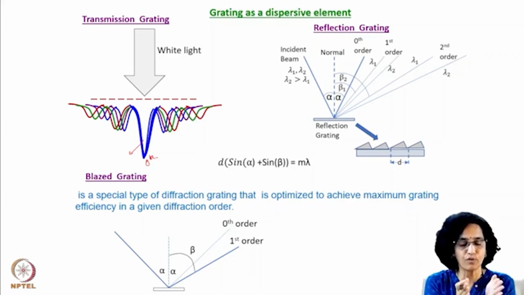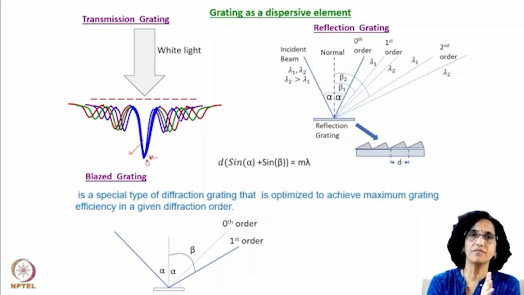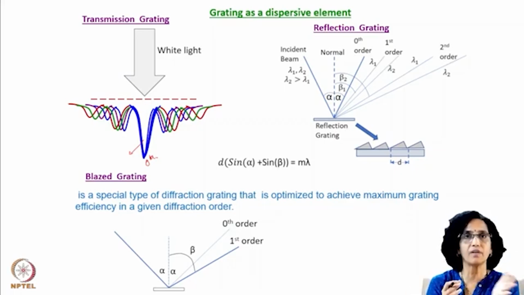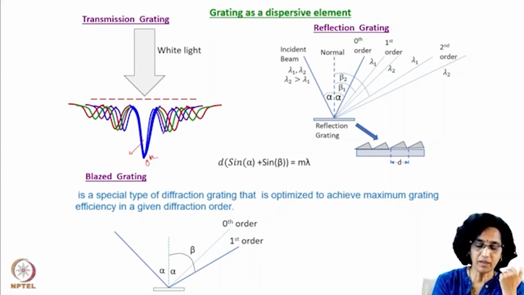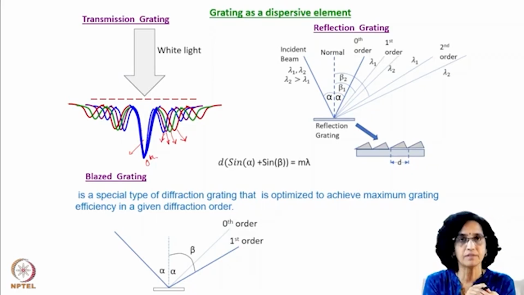Path difference is 0 for all the beams, and therefore you have a bright fringe here. Whereas for different wavelengths, the first order, second order, third order bright fringe locations are going to change depending on the wavelength, right? So there is a separation of wavelengths when it passes through such a slit arrangement.